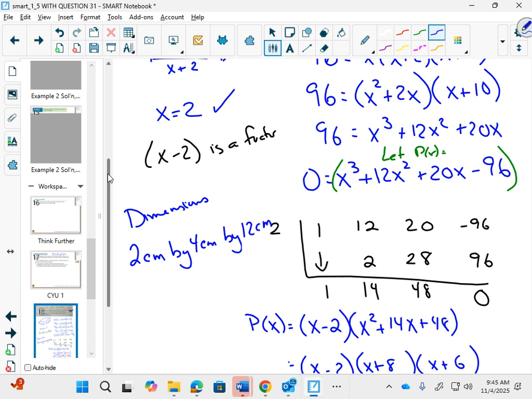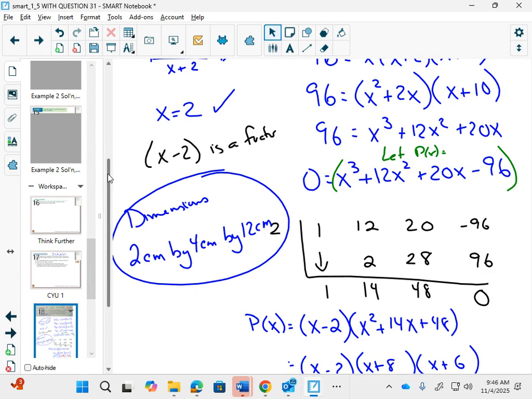And if we don't include the centimeters, we would lose a mark for units. If you're doing a word problem and there's units, your answer needs units as well. So we solved for x algebraically, and we got the dimensions. That would give us 5 out of 5.